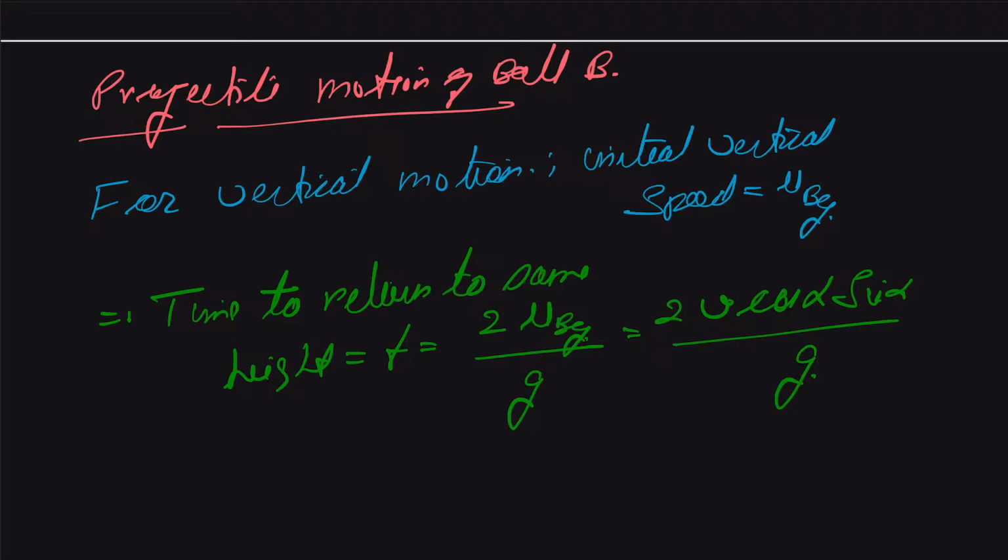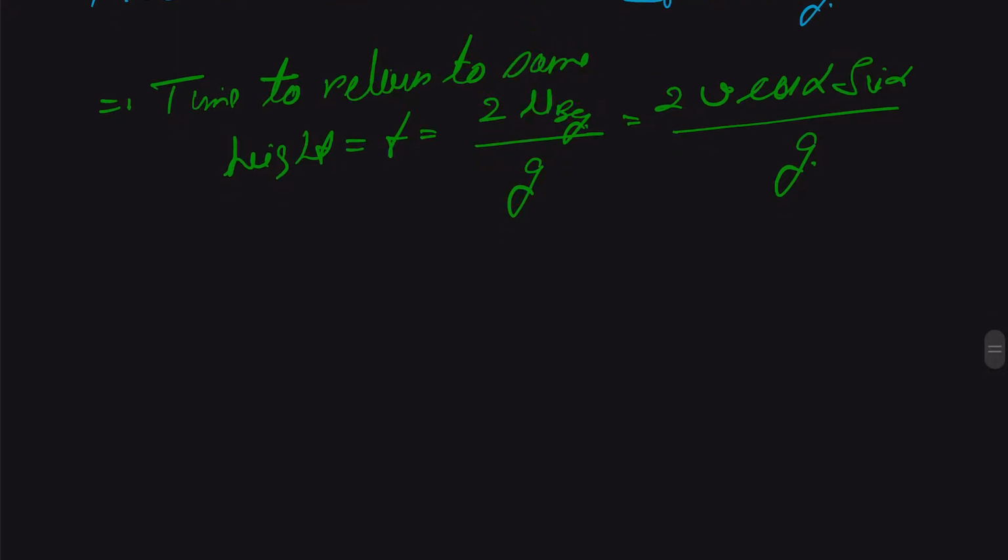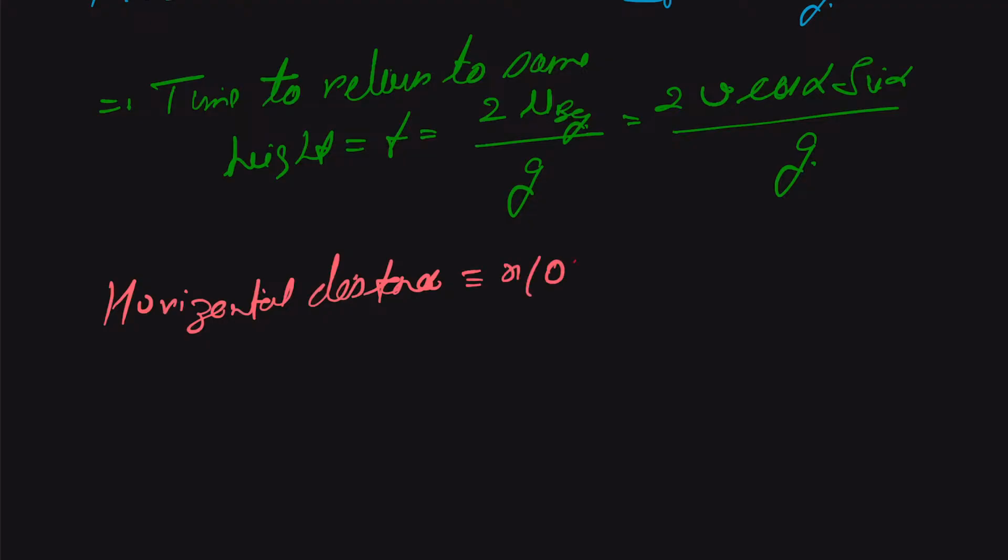Now horizontal distance traveled during the same time t. We can say horizontal distance is, suppose, our x of theta, that will be equal to our horizontal speed multiplied by time t.